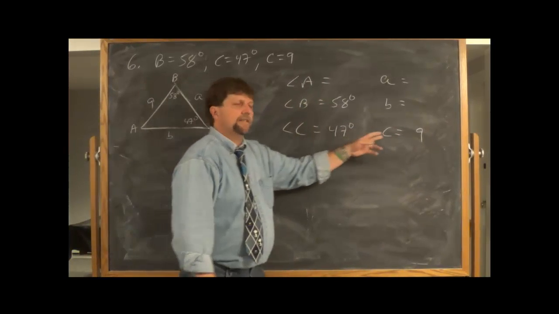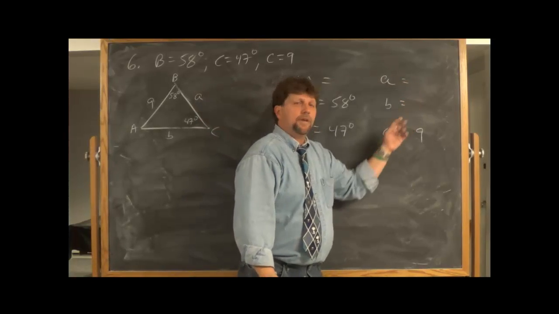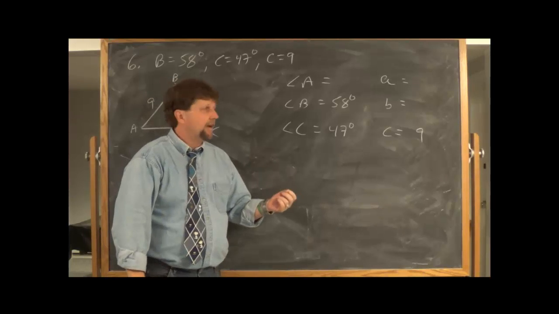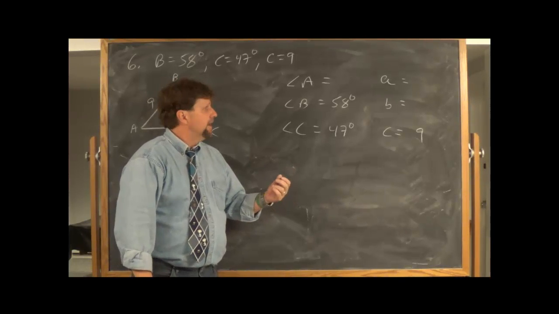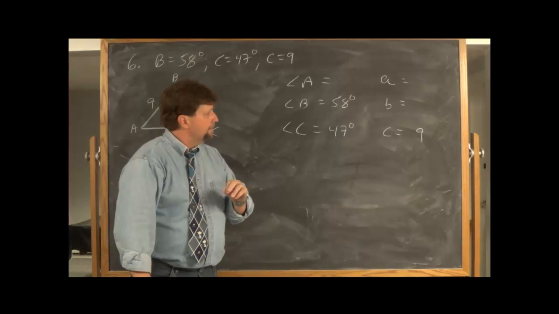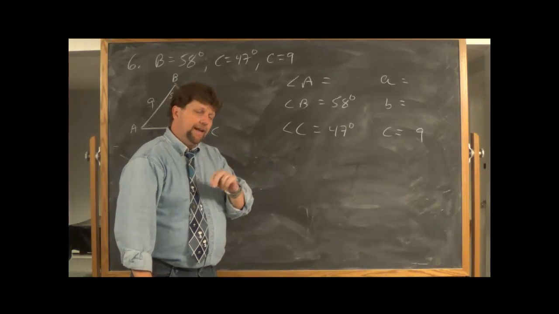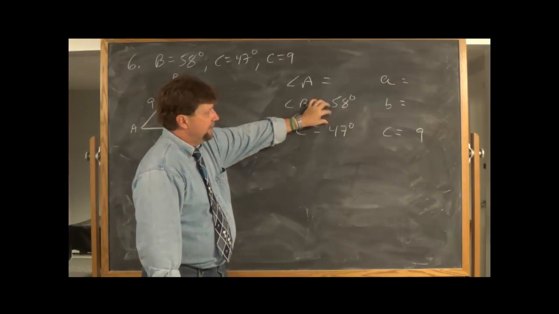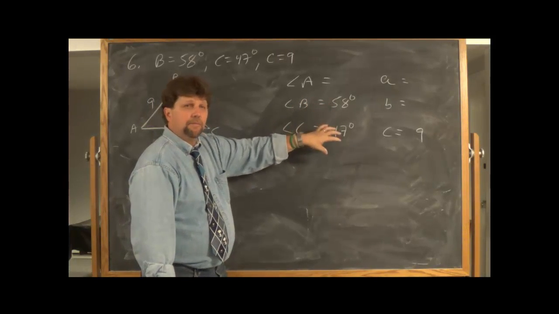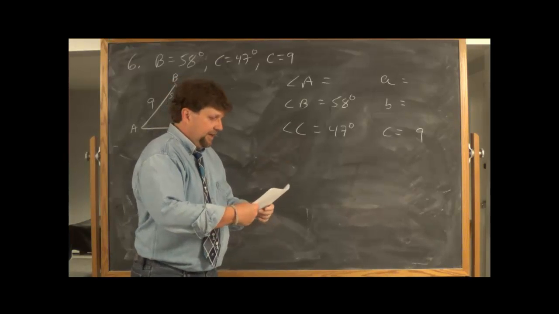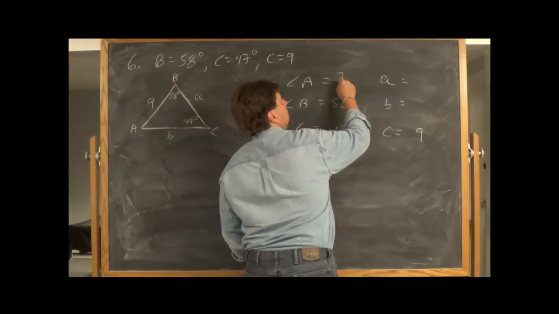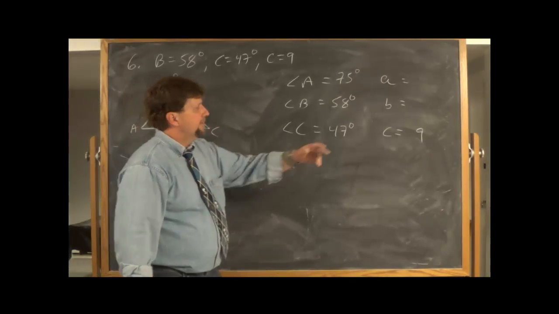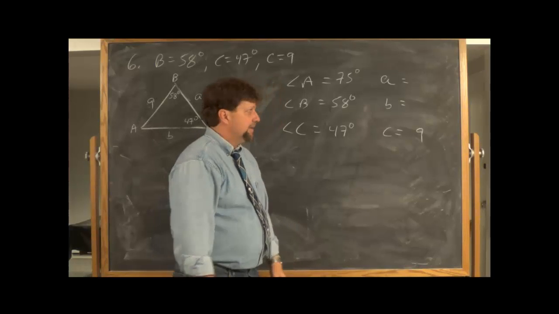Those are the 3 things we know, and then we have 3 missing bits to find. Pretty easy to find angle A. We know in a triangle, the 3 angles must add up to 180 degrees. So I'd add these 2 angles together and subtract that sum from 180 degrees to get angle A is 75 degrees.